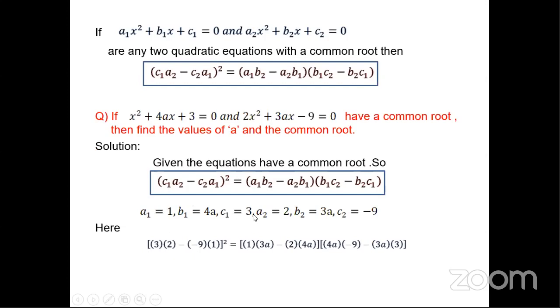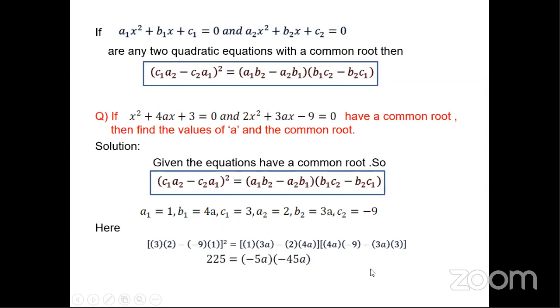C1 is 3, isn't it? So 3 into 2 minus 9 into 1. Minus 9 is C2. Whole square is equal to 1 into 3a minus 2 into 4a into 4a into minus 9 minus 3a into 3.